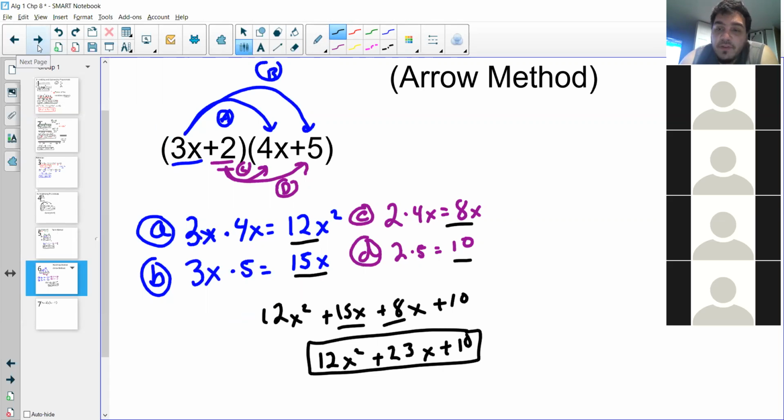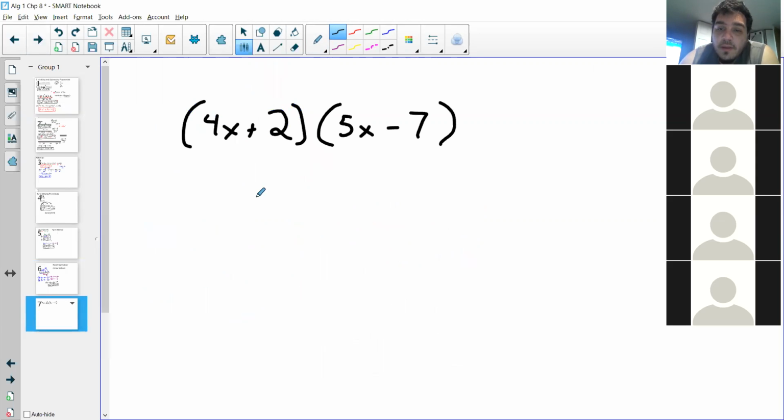All right, let's go to the next page. Everyone, try this one. You will choose which method you'll do. Okay, everyone do this one. Choose your own method.